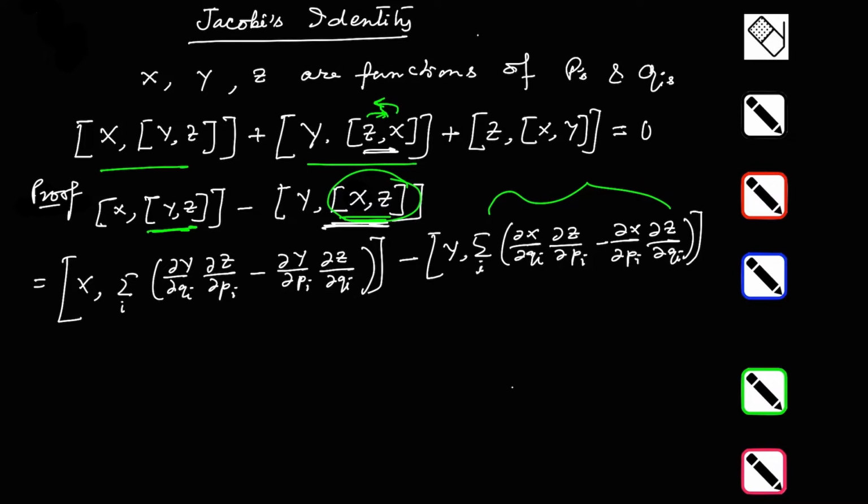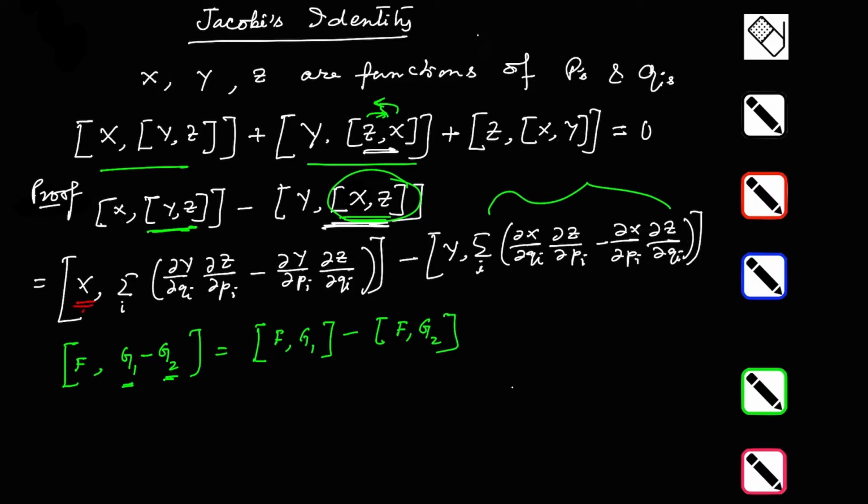Now we are going to apply the identity for the Poisson bracket of a function f with the sum or difference of two functions g1 and g2, g1 minus g2. These are also two functions. Then it can be written as the Poisson bracket of f and g1 minus that of f and g2.